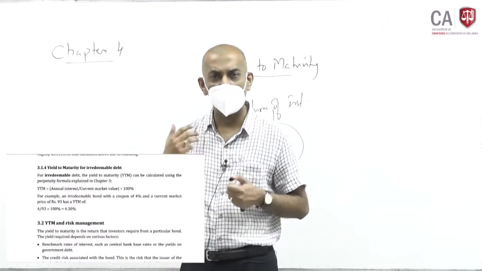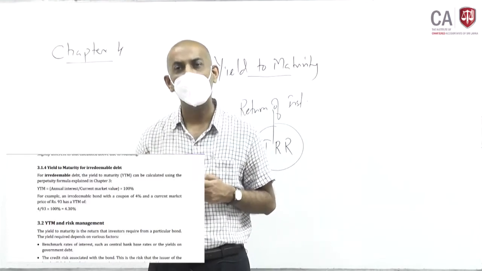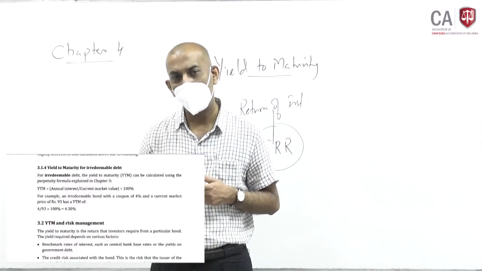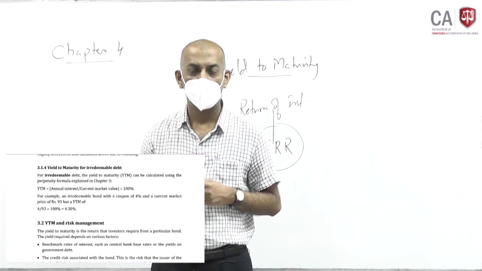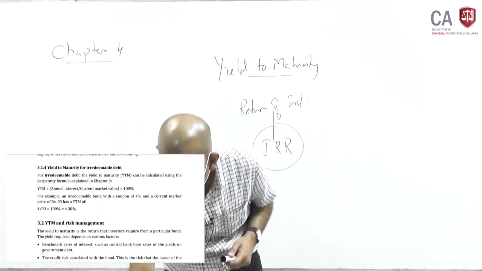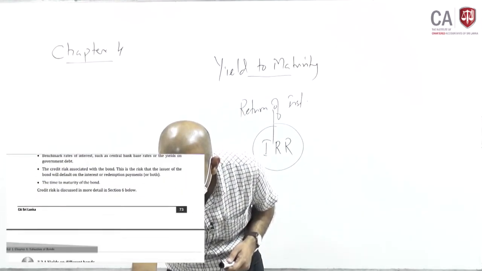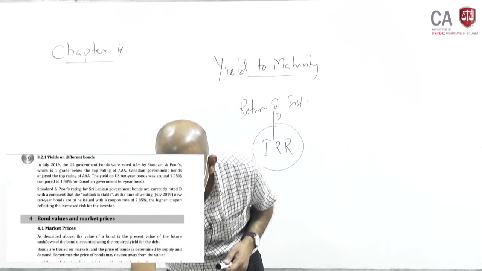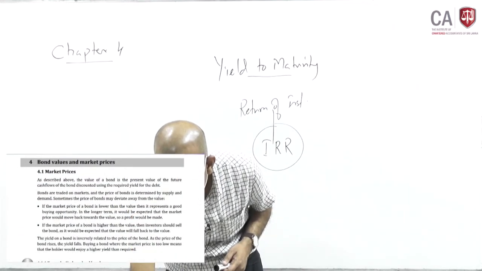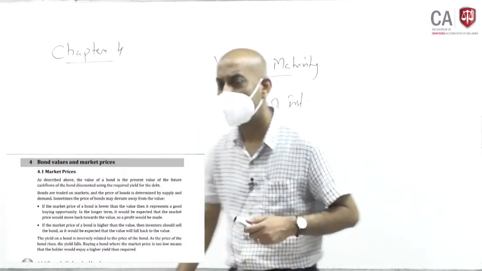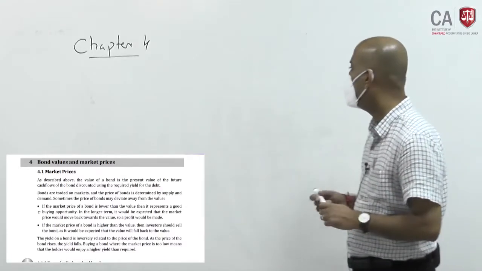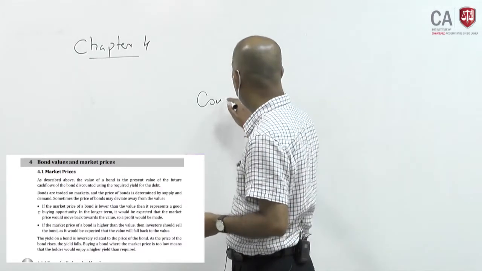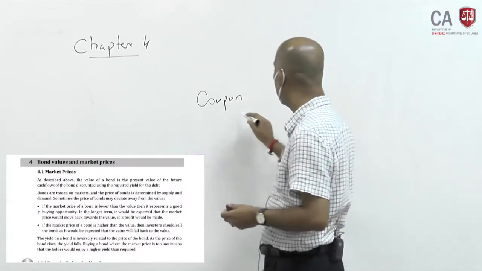Same thing here: yield to maturity for irredeemable debt is your coupon divided by your market value. So basically that gives you the yield to maturity.